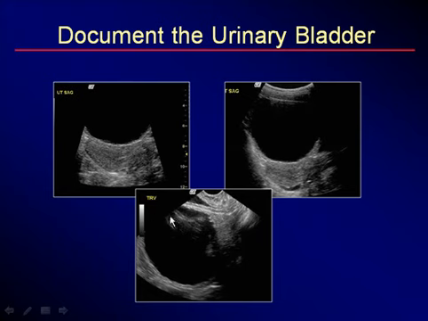It's in the left upper corner of our picture, and this mass, which happened to be this same mass, we realized was an ovarian mass that had found its way anterior to the uterus and was not the bladder at all. The bladder was actually small and collapsed, and only because we looked for it were we able to see that there was truly a large mass in this patient, and it happened to be a torsion.